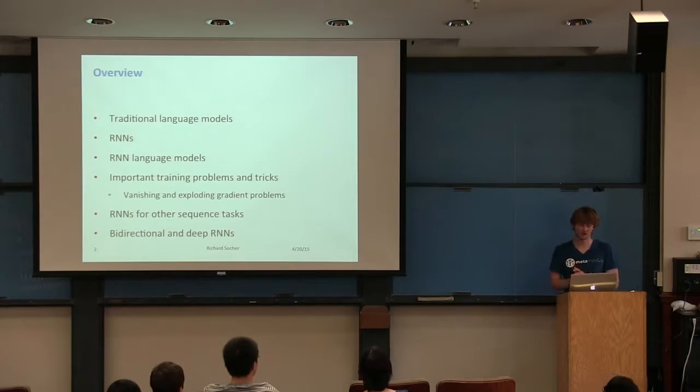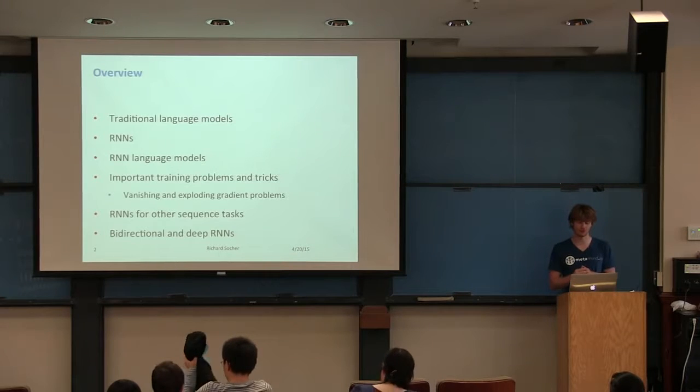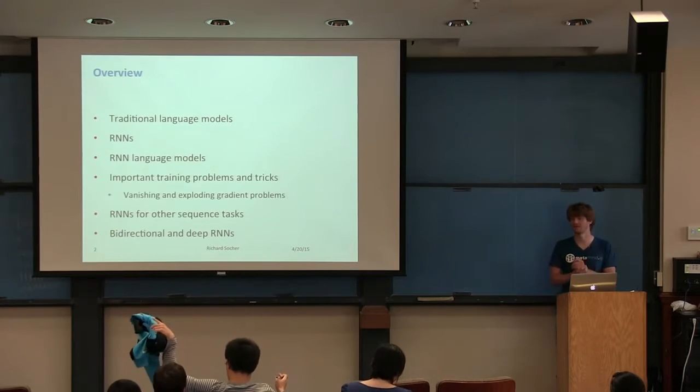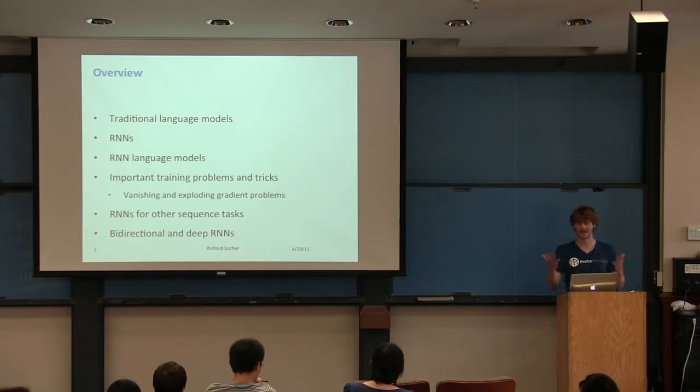But not all is green on the other side in RNNs, because there are a lot of problems that they have too, namely the vanishing or exploding gradient problems. We'll gain a little bit of mathematical intuition of why that is, and then show you solutions for fixing those. RNNs are similar to other neural nets: if you don't really know how to use them properly, you won't be able to get them to work.